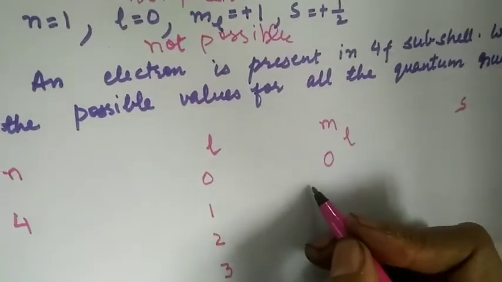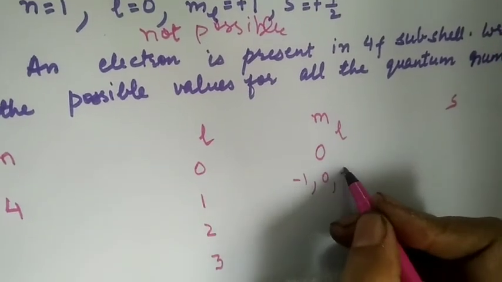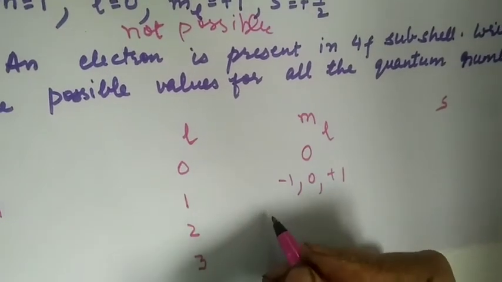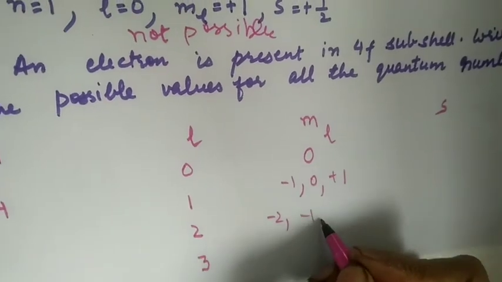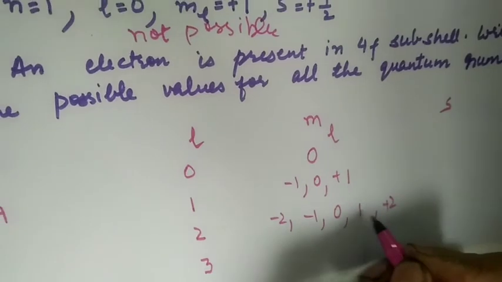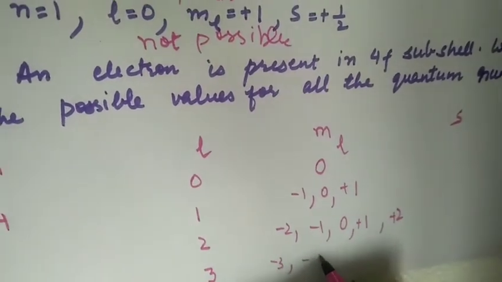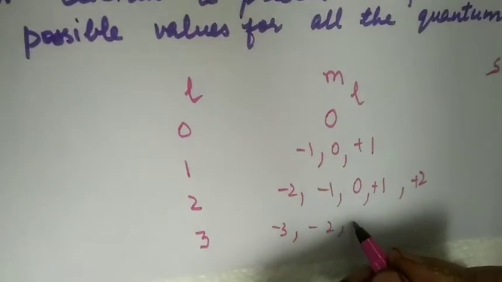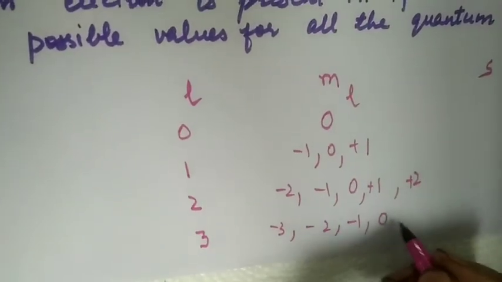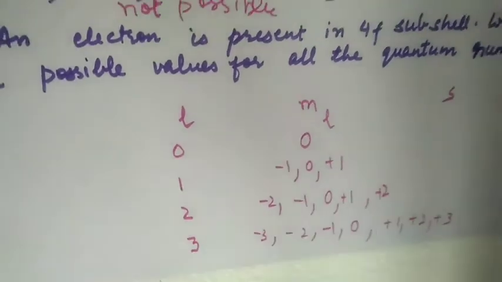For 1 there will be 3 values, minus 1, 0 and plus 1. And for 2 there will be minus 2, minus 1, 0, plus 1 and plus 2. For 3 there will be 7 values, minus 3, minus 2, minus 1, 0, plus 1, plus 2, plus 3.